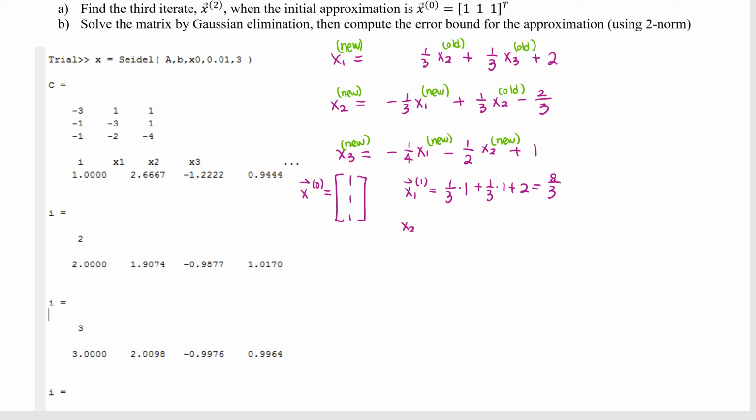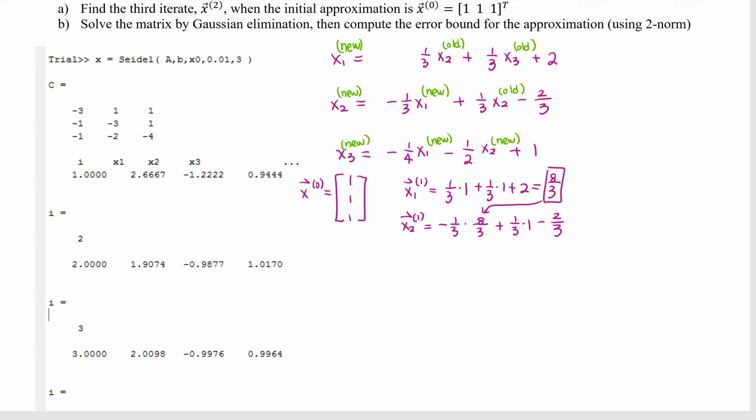And then x2 of the first vector is minus 1/3 times x1 new, this new guy, 8/3, plus 1/3 times x2 old, which is 1, minus 2/3.